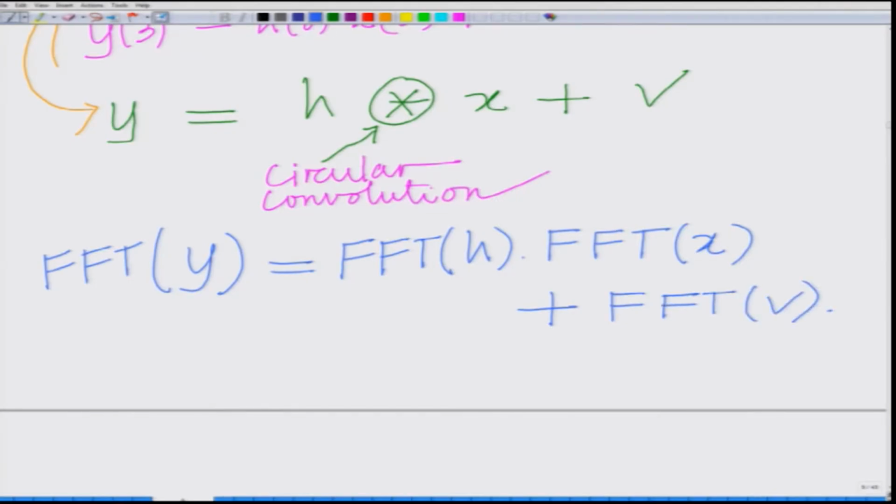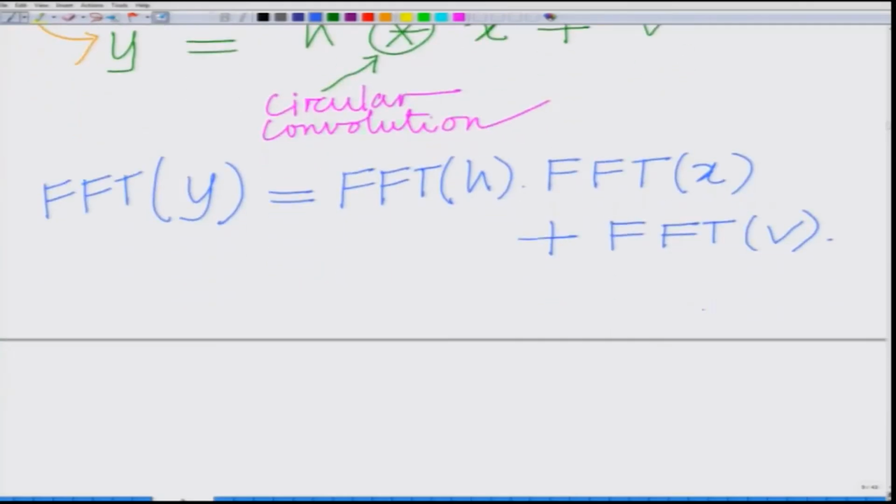Once you take the FFT of the samples at the output, the action of the channel in the frequency domain can be represented as a simple multiplication. Therefore, the FFT of the output samples Y equals the FFT of the channel filter H times the FFT of the transmitted samples X plus the FFT of the noise V.